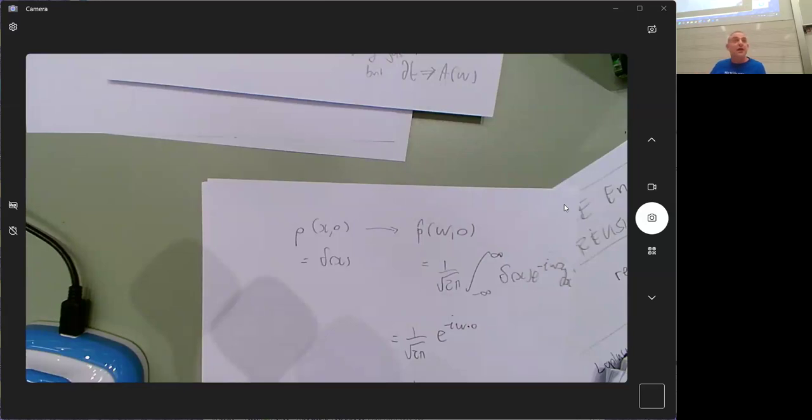This is the only function that they have given us an answer for. We know what the Fourier transform of delta x is. It's 1 on 2 pi.